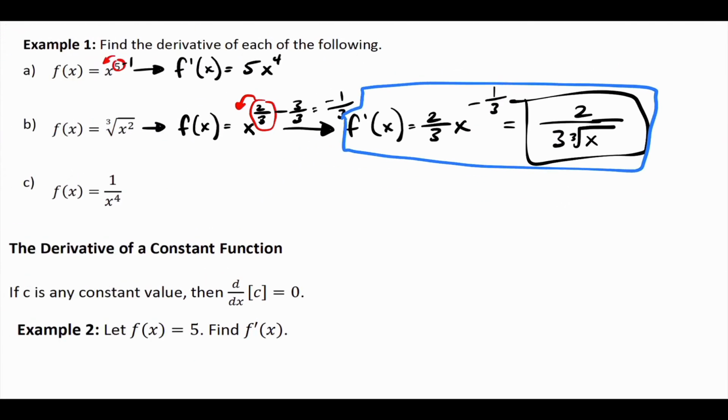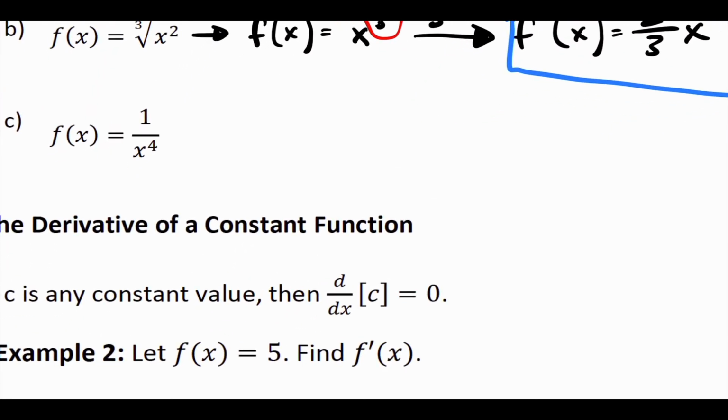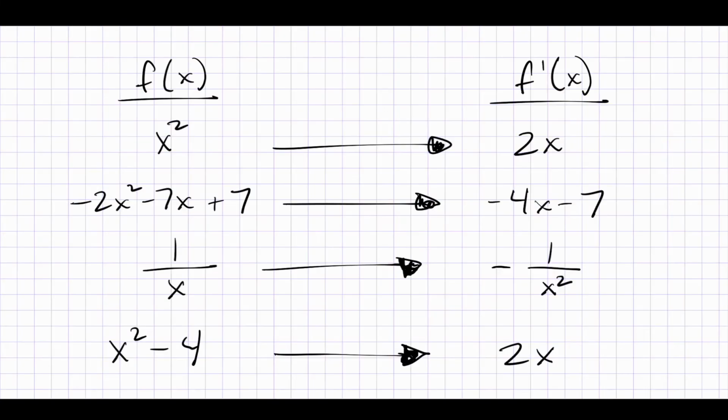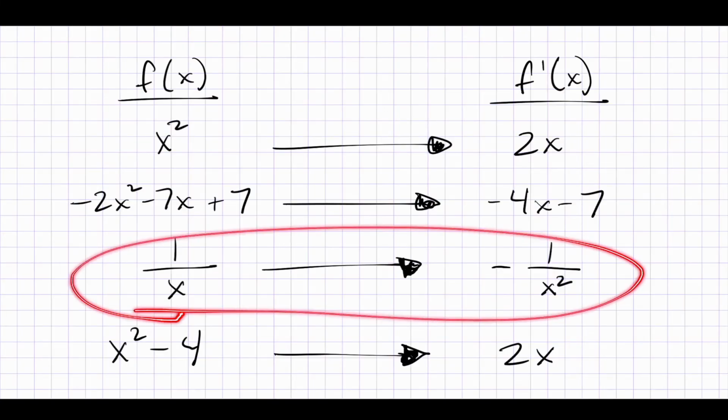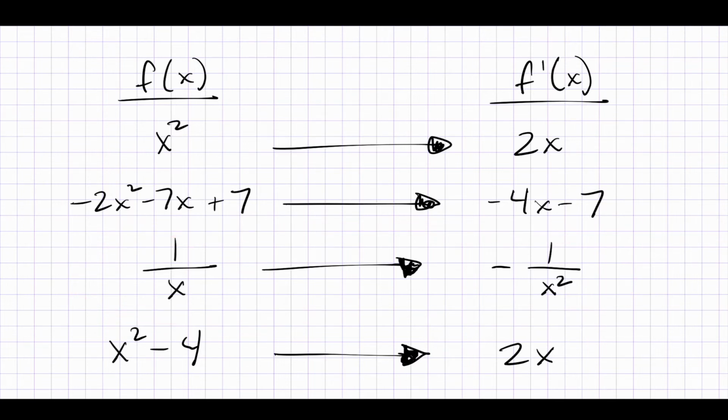All right. Letter C. Well, this one's kind of like the one we did, like this guy here. First thing you're going to do is get rid of the division.